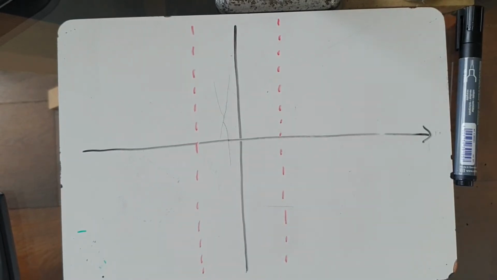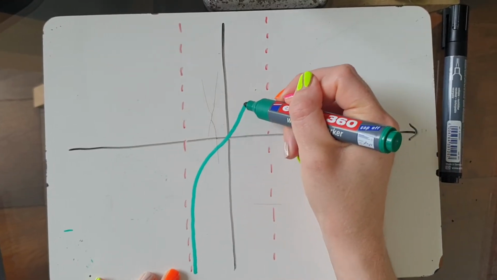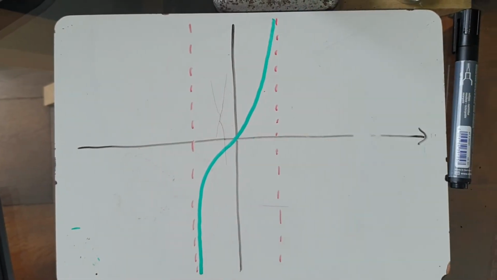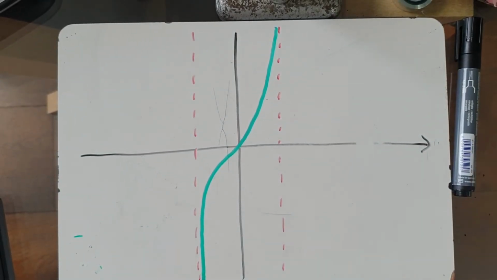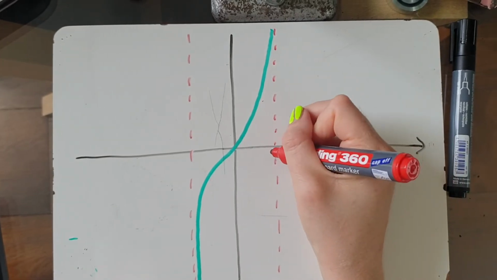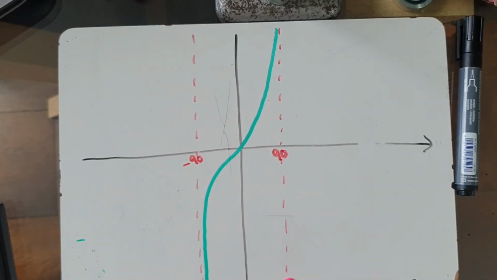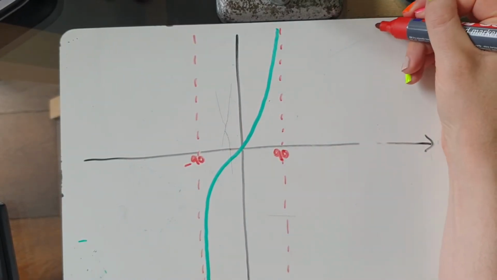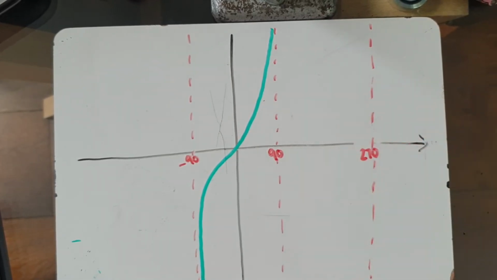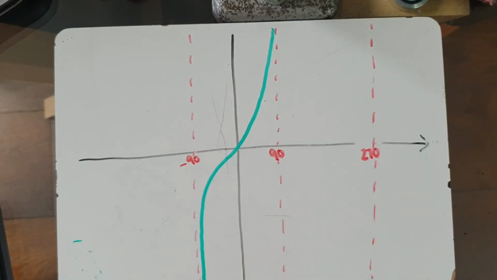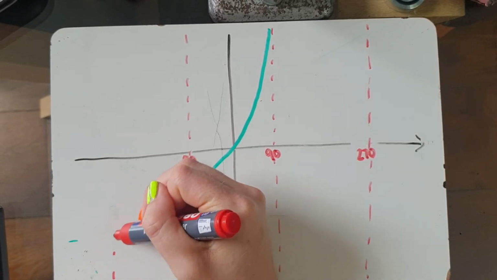So the place to start with this is this part of the graph. This gap, because this is 90 and this is negative 90, this gap is 180. So the next time we have an asymptote is at 270, not at 180. This gap's 180, so this gap is 180. Remember that it is a repeating graph.